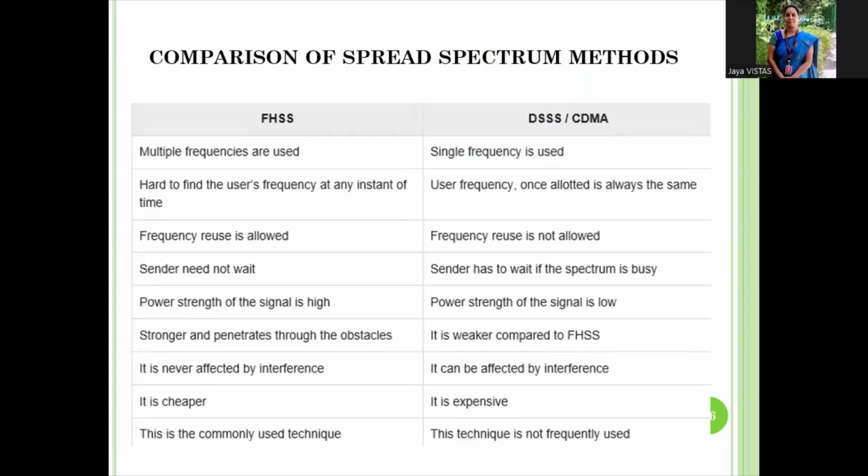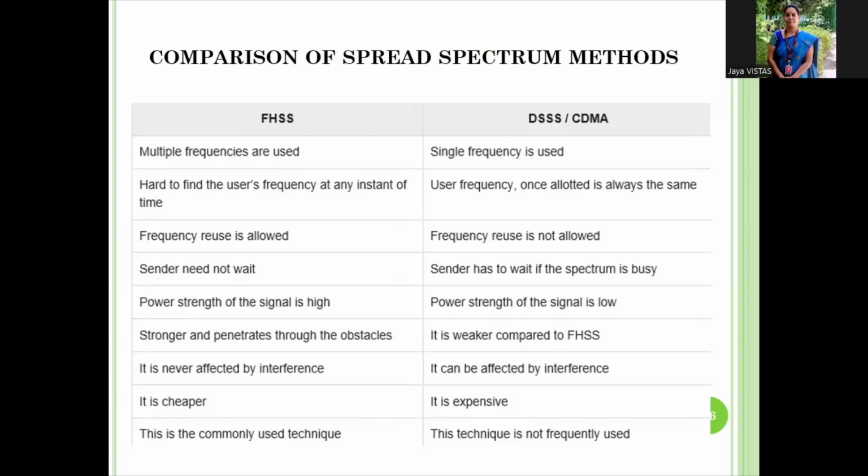Now this is the comparison of frequency hop spread spectrum and direct sequence spread spectrum, that is CDMA, code division multiple access. The first difference is that multiple frequencies are used in frequency hopped spread spectrum, because the frequency is hopped from one user to another.